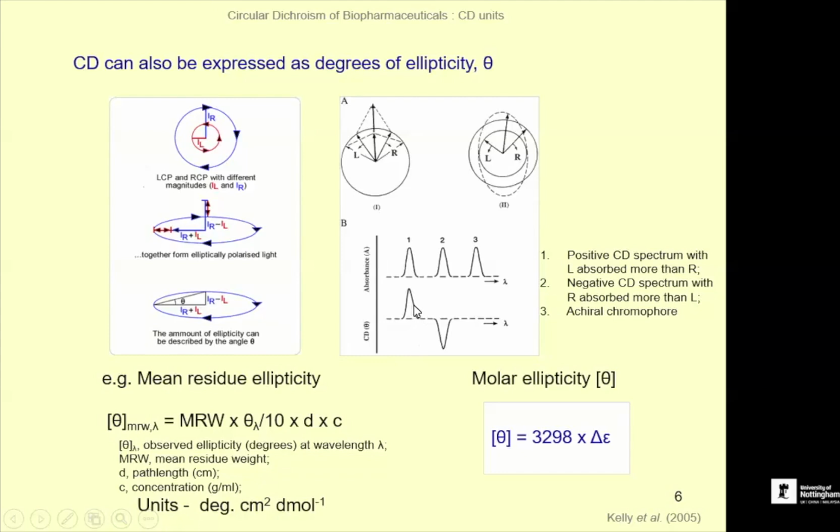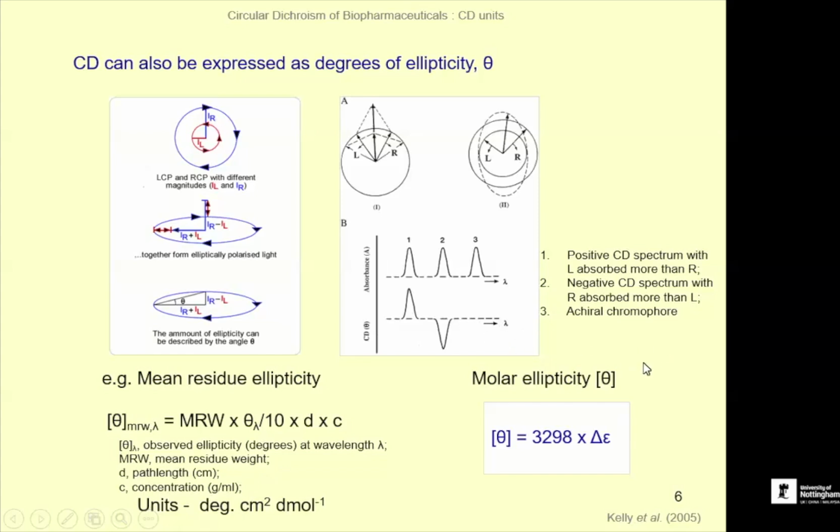If you get an absorbance spectrum again in the positive, but a negative spectrum in CD, that means that you've got chromophoric groups where most of the right-handed light is absorbed.